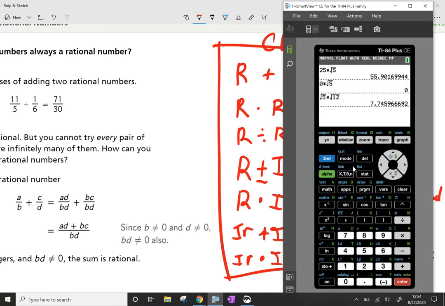But there is an exception, because this isn't always going to be irrational. The exception is if both irrational numbers are the same. So for example, the square root of 5 times the same exact thing, the square root of 5. So both of these are irrational. Square root of 5 is irrational, and square root of 5 is irrational, right? So you have an irrational number times an irrational number. But the issue is on this one, I get the answer is 5, meaning the answer is actually rational.